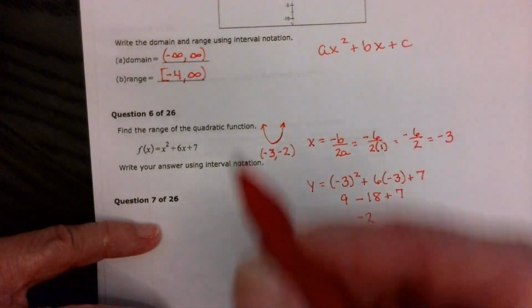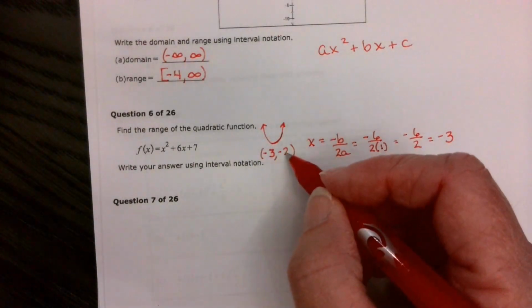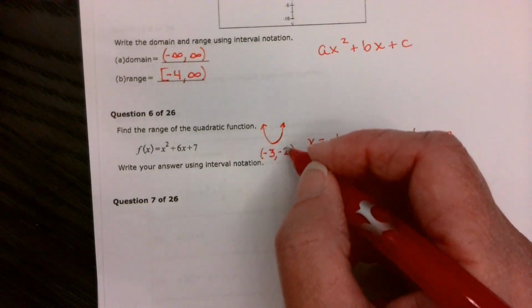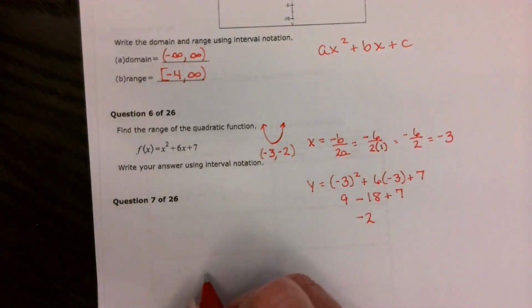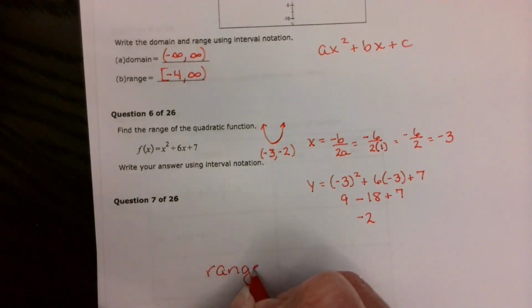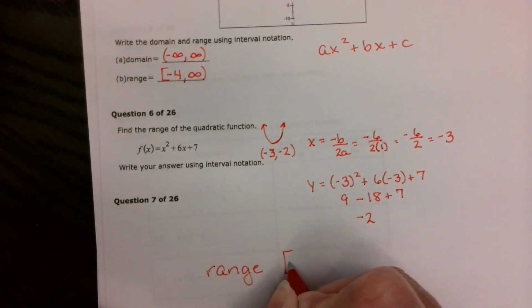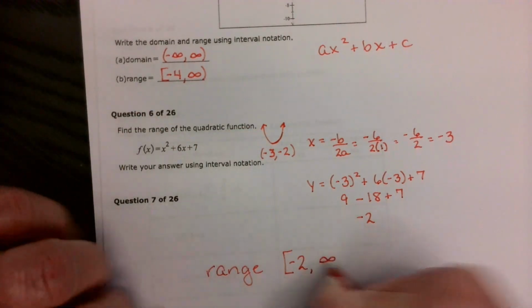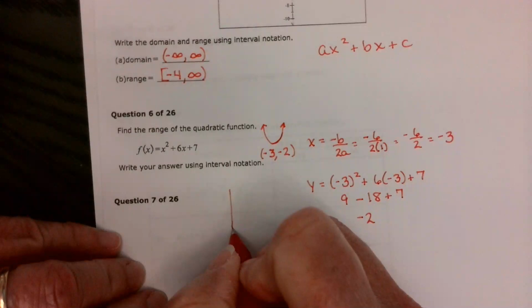Okay, so for the range, negative 2 is the smallest y value, so our range is negative 2, and it goes to infinity. Because again, I could graph that.